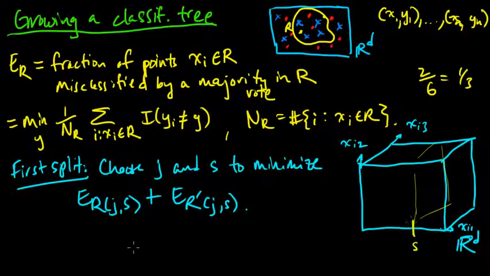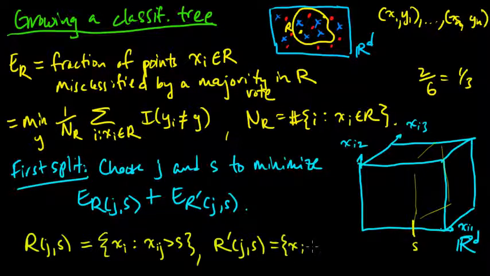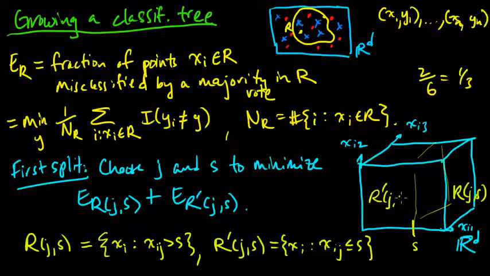Let me call R_{j,s} the set of all the points xi in our data set such that xi,j is greater than s, and we'll call R'_{j,s} the other side, so xi,j is less than or equal to s. So this would be R_{j,s}, and this would be R'_{j,s}, if we took j equal to 1 and s equal to this point.